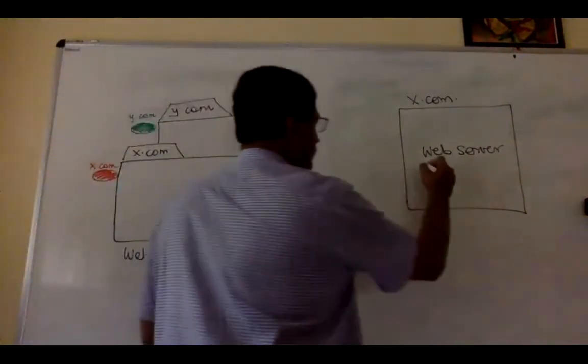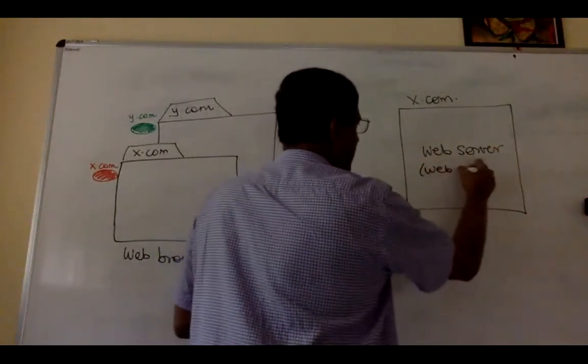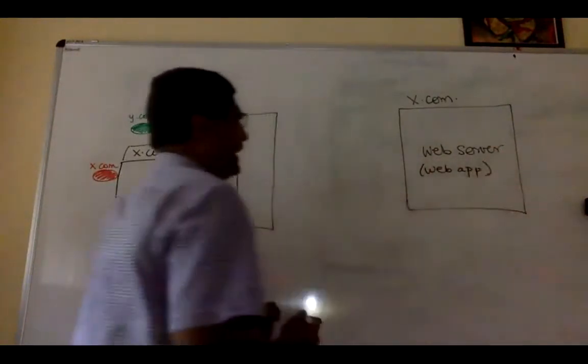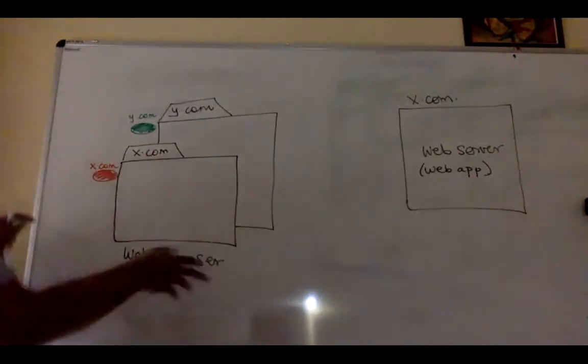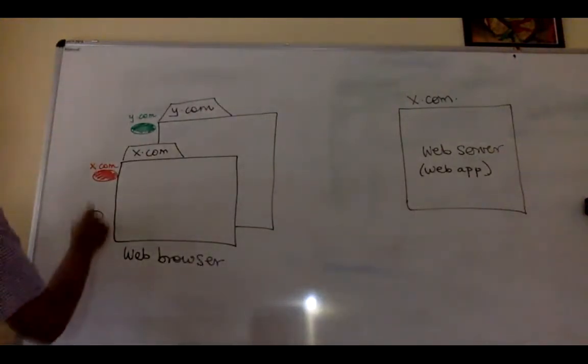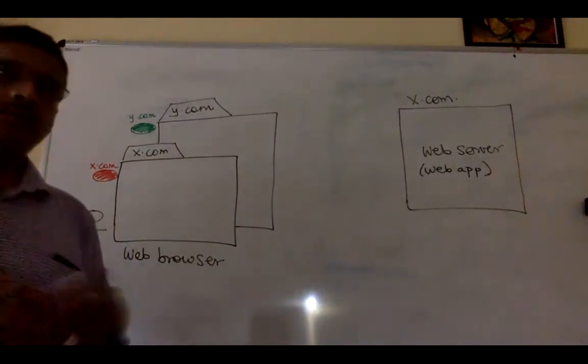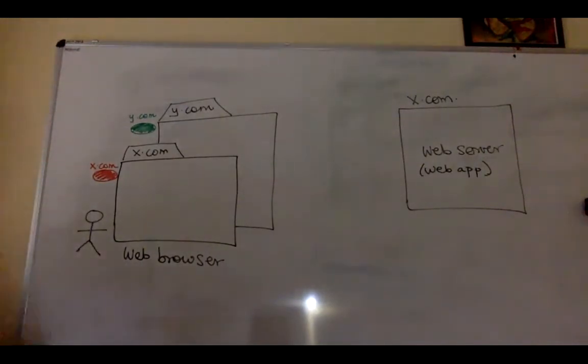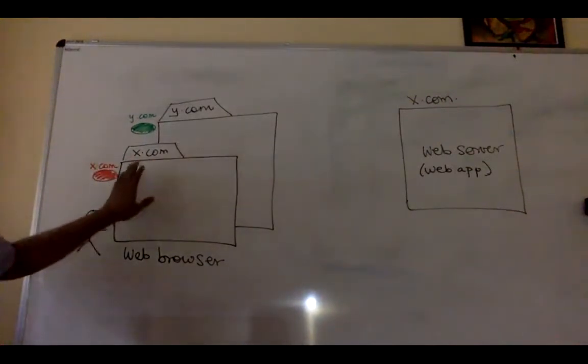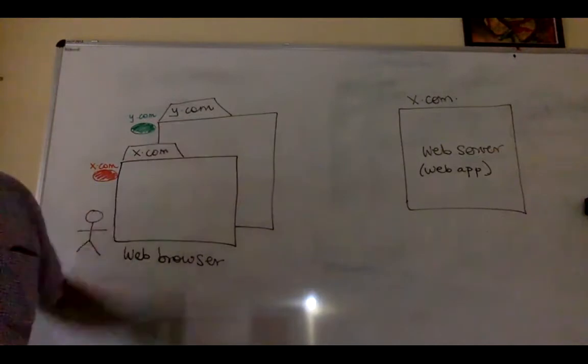On this web server, we have a web application that is running, and I have drawn over here a scenario where an end user is browsing on their web browser, and on that web browser they have two tabs open, x.com and y.com.